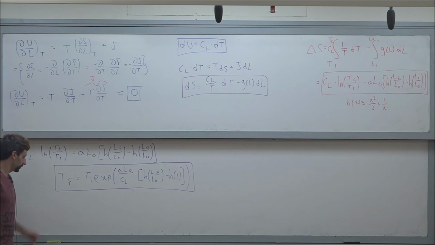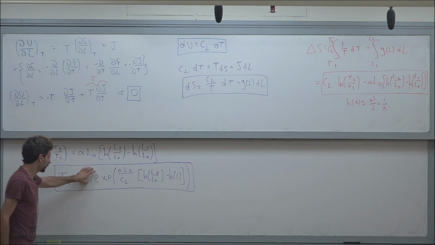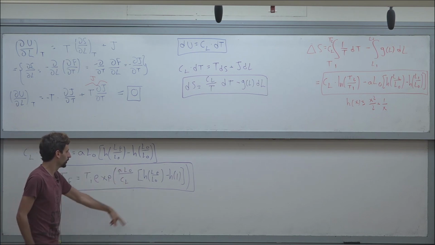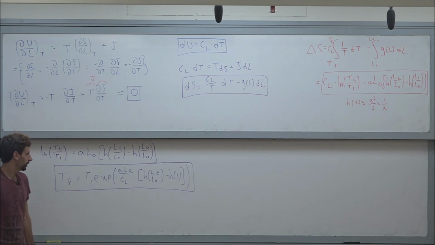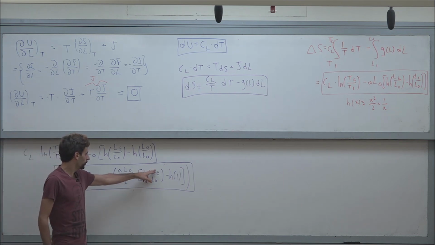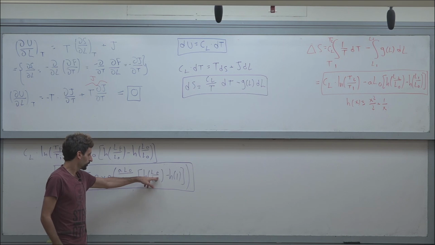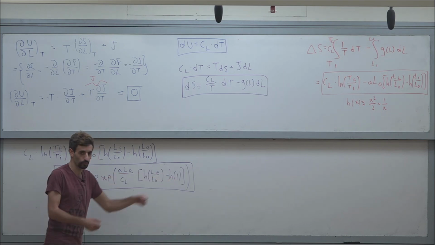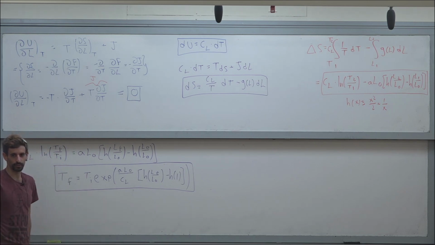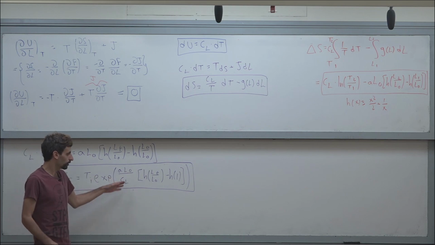It's very easy to interpret it physically because all these are just constants. H of 1 is also a constant, so when you stretch and L_F gets greater than L0, so L_F over L0 gets greater than 1, it's also an increasing function of L final. So you have an exponent which is increased.